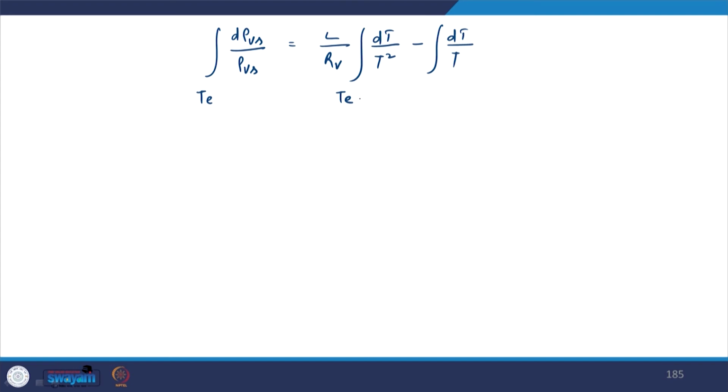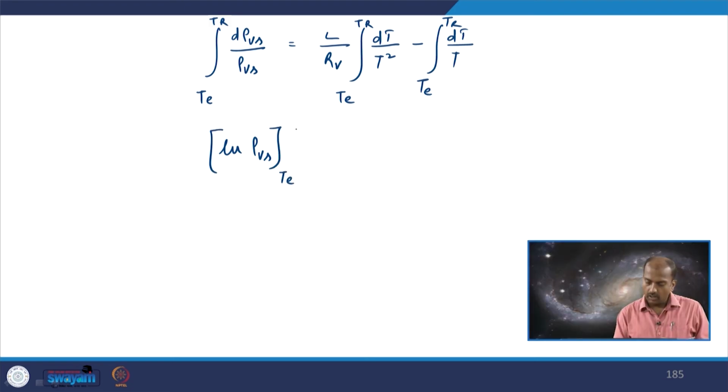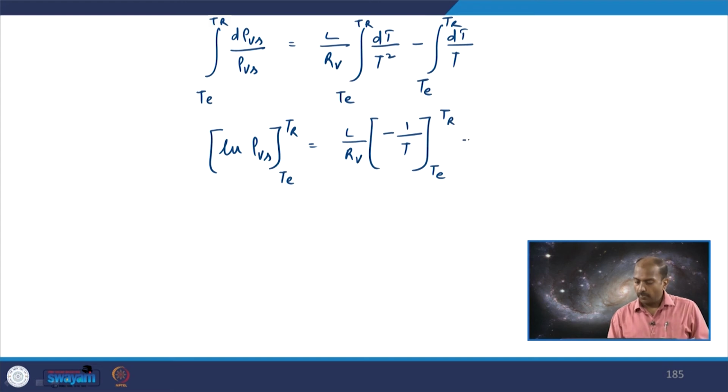Now, if you do that, that will be integral d rho Vs by rho Vs is equal to L by RV integral dt over T square minus integral dt over T. So, the integration limit has to be converted from temperature to density, TE to TR, or we will say ln rho Vs from TE to TR is equal to L by RV minus 1 by T between TE to TR minus ln T from TE to TR, right.